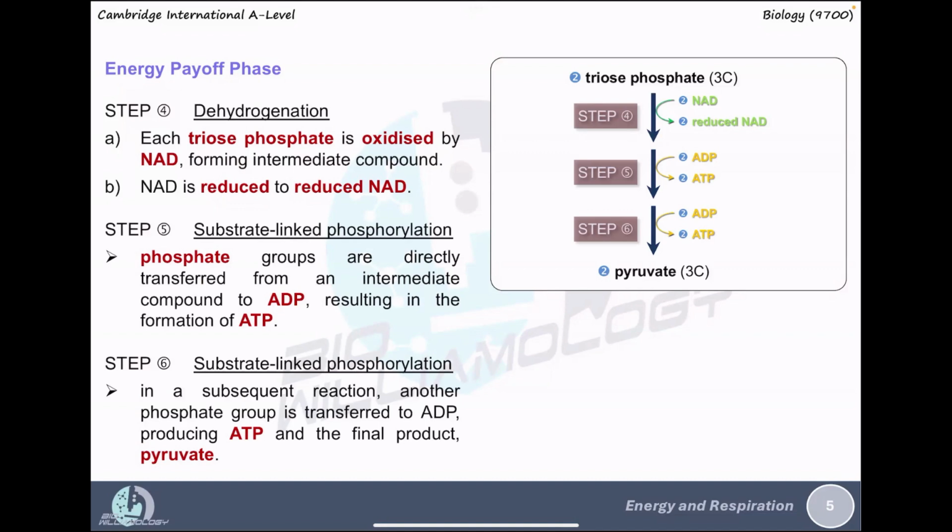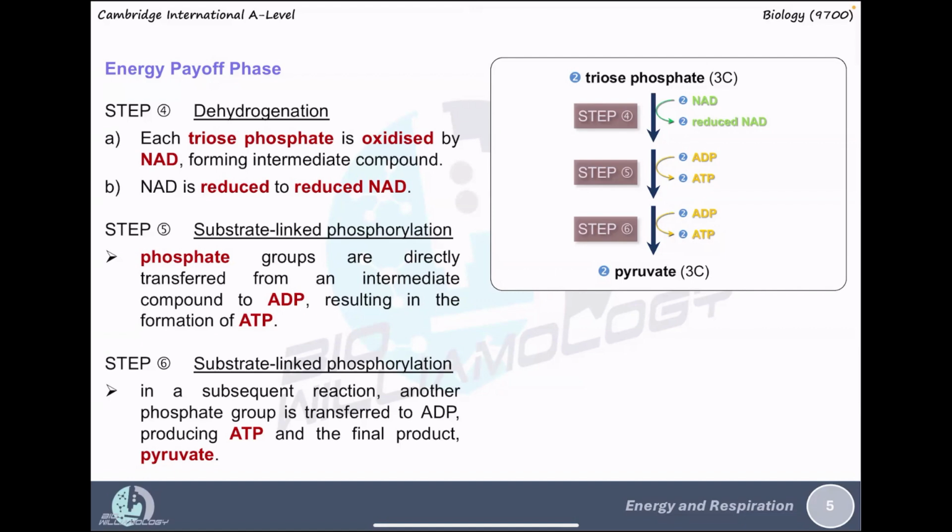We have gone through this process before, where we call these processes substrate-linked phosphorylation. A total of 4 ATP molecules are produced per glucose molecule during the energy payoff phase. So the end product in this reaction is pyruvate.